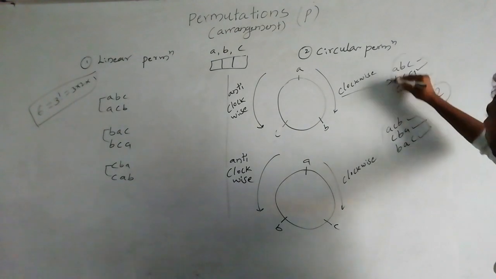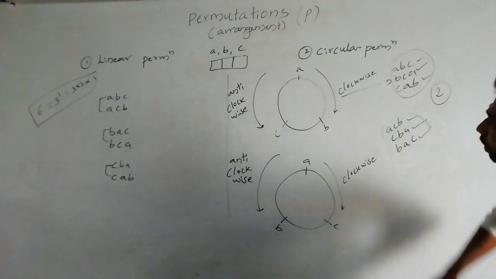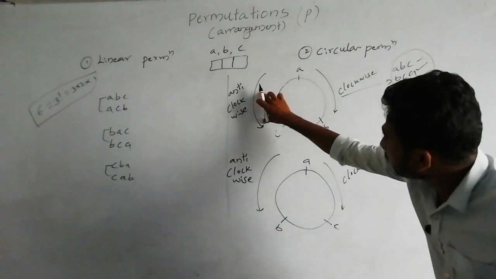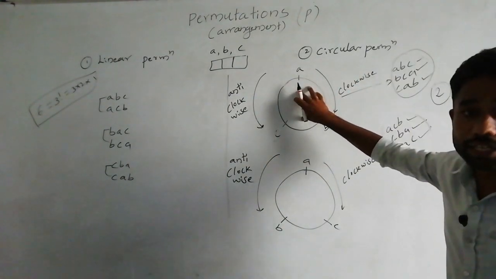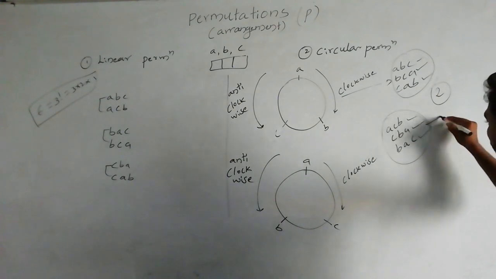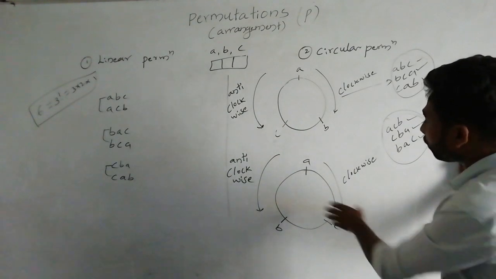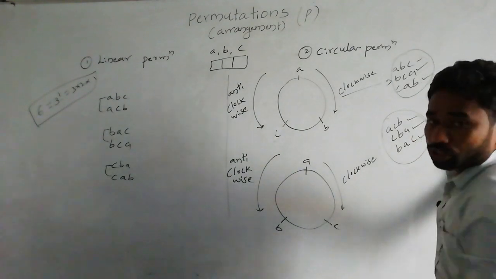So the final statement is: clockwise of the first circular permutation has three linear permutations, and the anti-clockwise of the first circular permutation is equal to these three linear permutations, which are the clockwise of the second circular permutation.